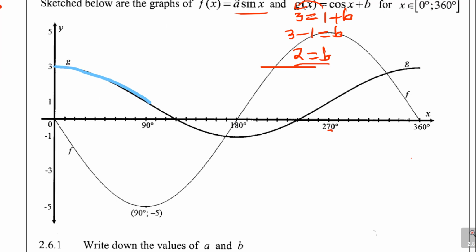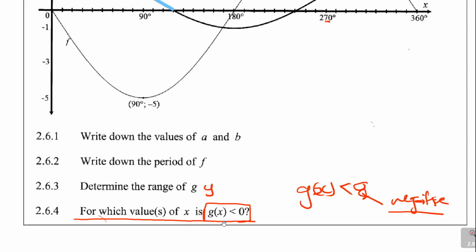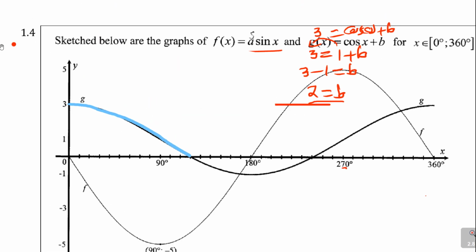It's positive, meaning it's above. You see that? G of x is above. Here g of x is positive, and here g of x is positive. But where is g of x negative? Underneath from here. So you need to tell us what is that and what is this.